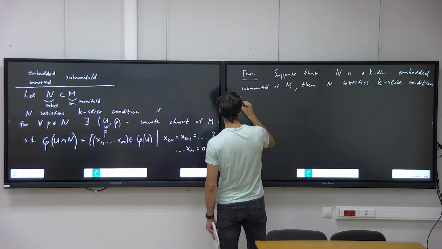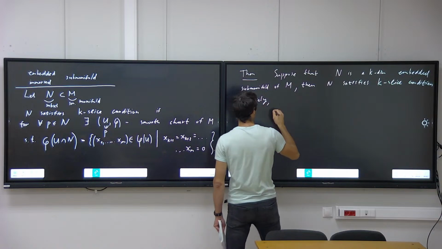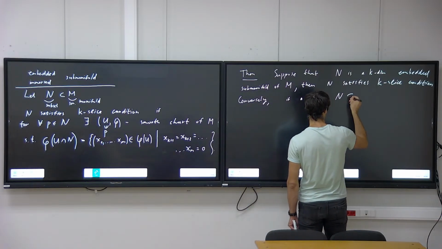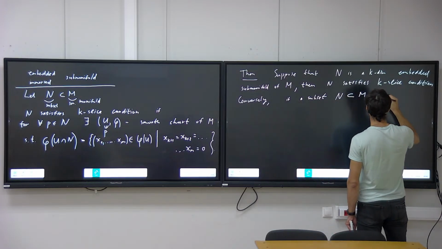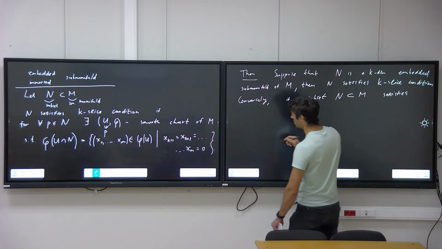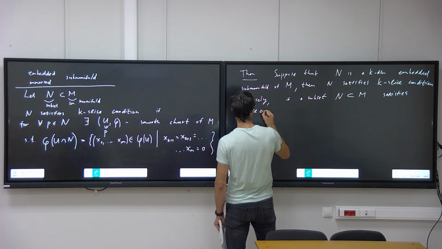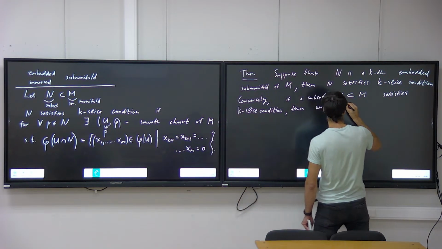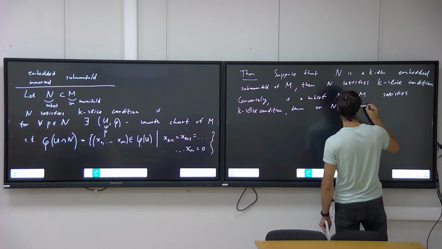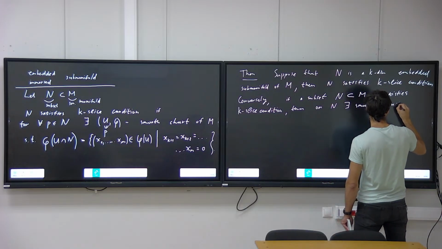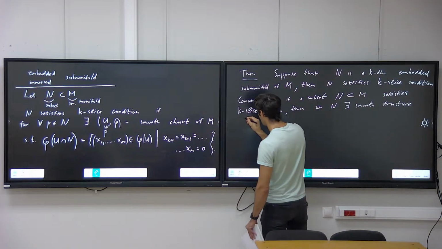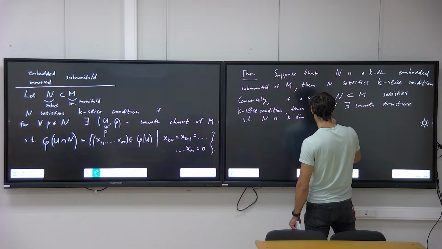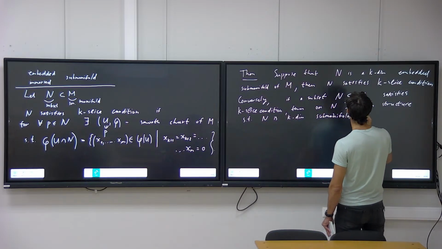And conversely, if a subset N inside a smooth manifold M satisfies the k-slice condition, then on N there exists a smooth structure such that N is a k-dimensional embedded submanifold of M.